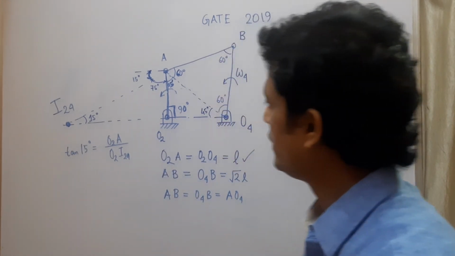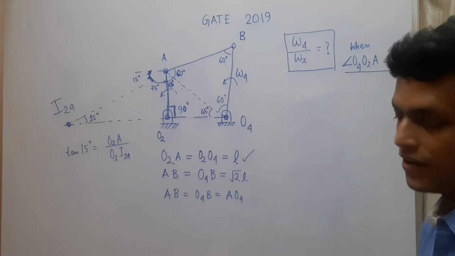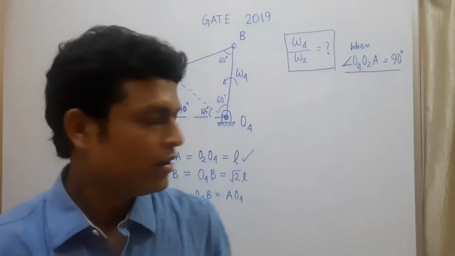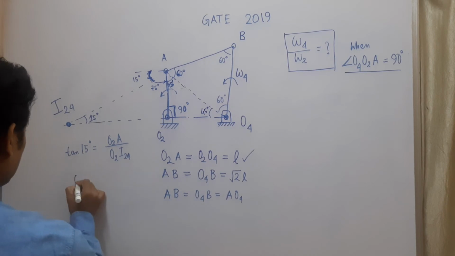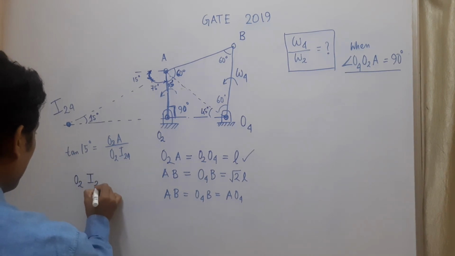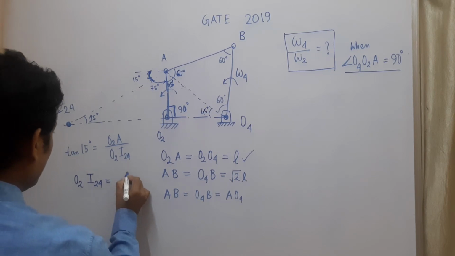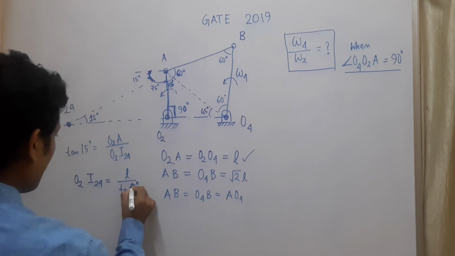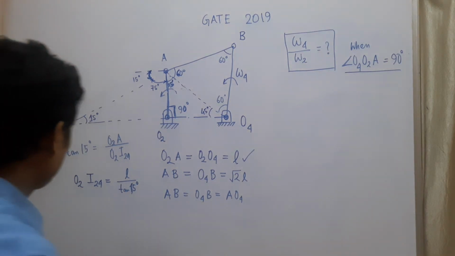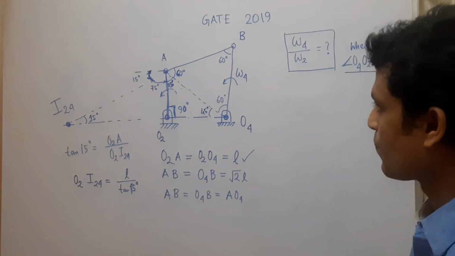So tan of 15 degree is equal to O2A by O2 I24. O2A is known, that is L. So O2 I24 is equal to L by tan 15 degree.